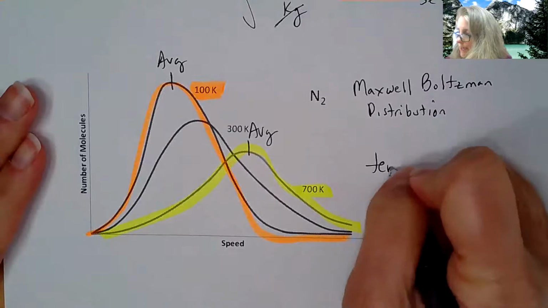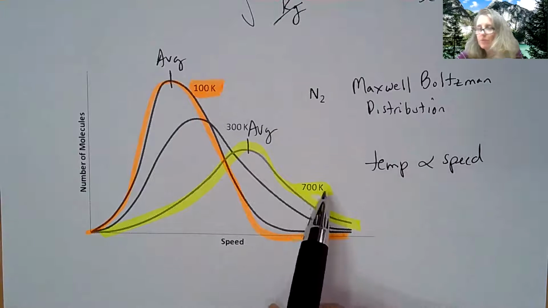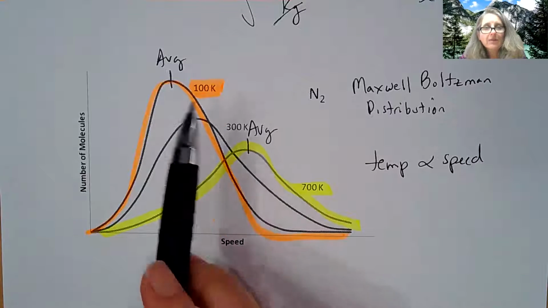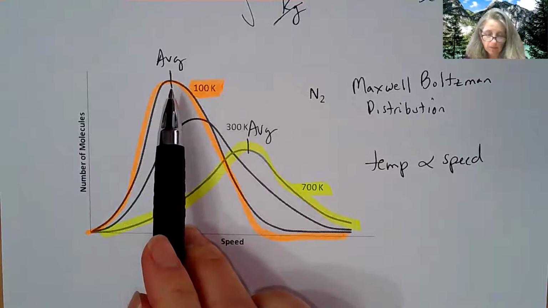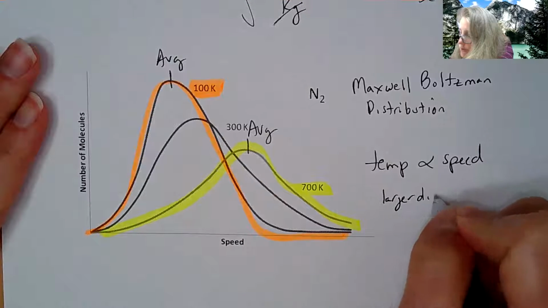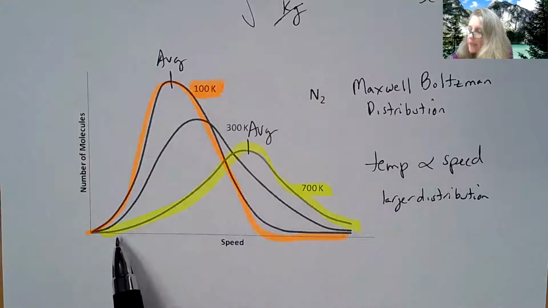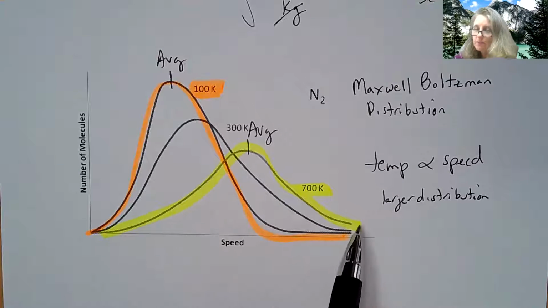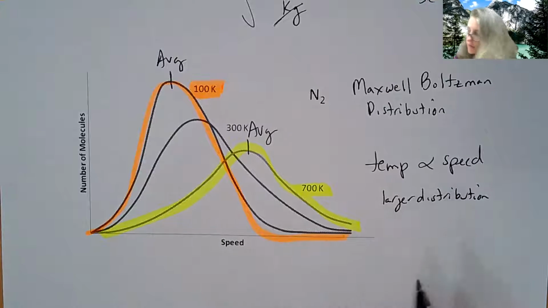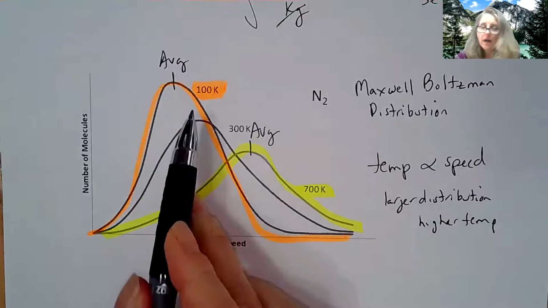So remember that temperature is going to be proportional to speed. So the higher the temperature goes, you will see that the higher the average speed is going to be. And realize that you have a larger distribution of speeds at 700 Kelvin, so it spreads out much further than you do at the lower temperature like you see with the 100.